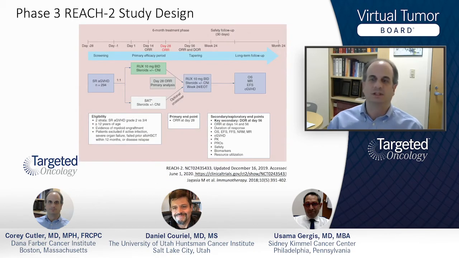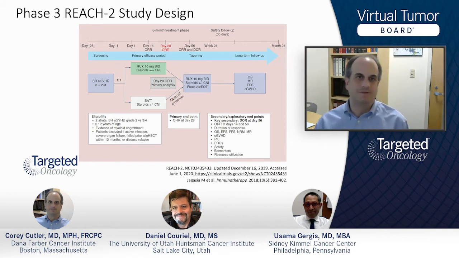But more recently, the REACH-2 study was recently published in the New England Journal by Dr. Zeiser and colleagues. REACH-2 was a randomized phase 3 trial, and slightly over 300 patients were randomized in this study to receive either Ruxolitinib or best available care. And in this trial, there were 9 regimens that were considered acceptable for investigators to use for patients who were not randomized to the Ruxolitinib arm.